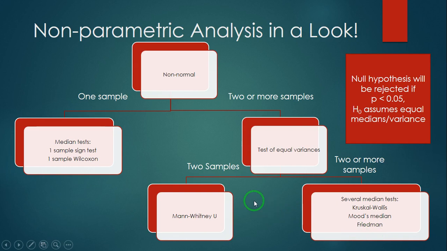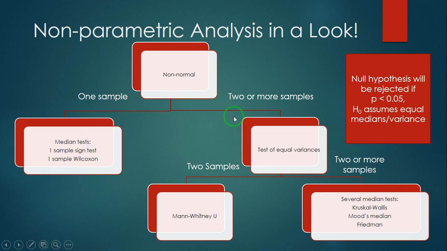This is a big picture of non-parametric hypothesis tests. So if your data is not normal and you have just one sample, you can use either the one sample sign test or the one sample Wilcoxon test for comparing the medians.